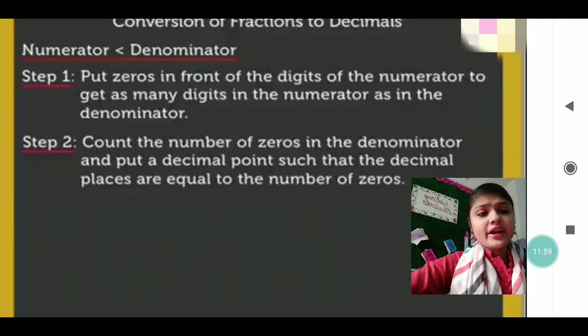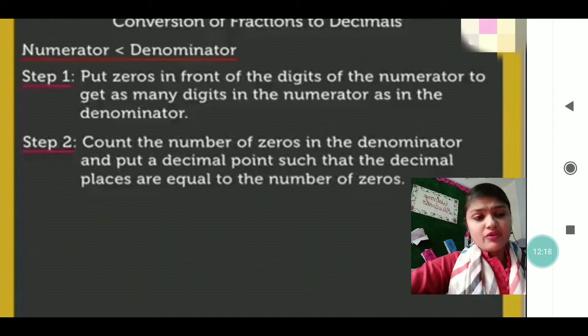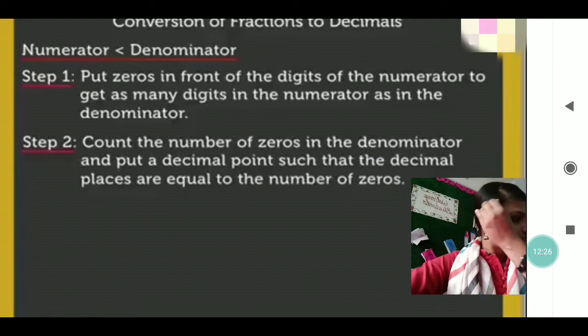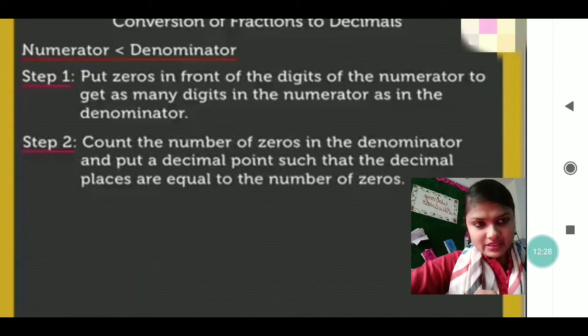Suppose we get 1.12. That means 112 by 100. After 1 and 2 we put the decimal point, and before that, in the whole number part, only one digit is there, whereas in the decimal part two digits are there.